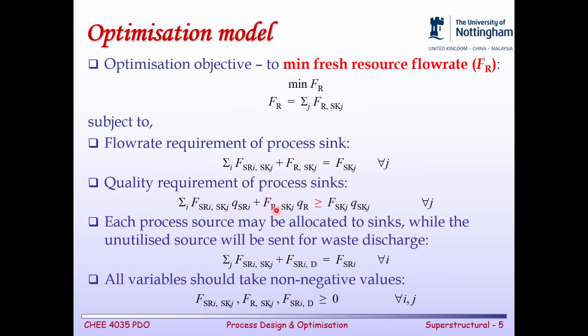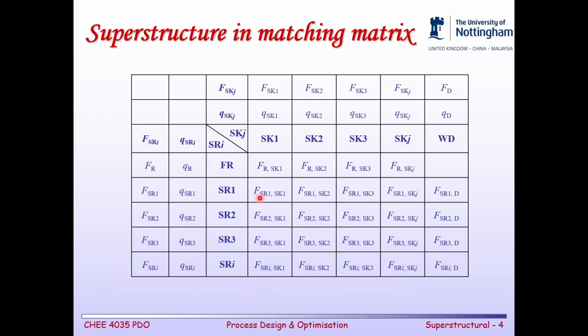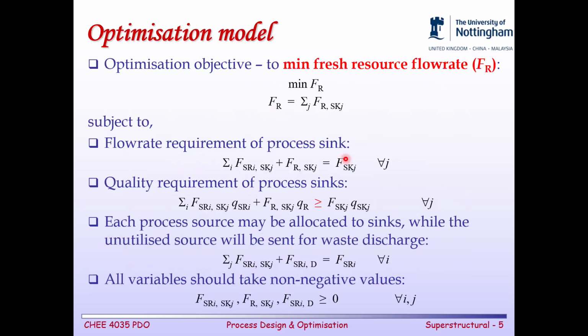If we have a good freshwater source, this term would just be 0. So we multiply Q to each of the sources, and we get the sum that should be less than or equal to the product of the flow rate of the sink and the quality of the sink.